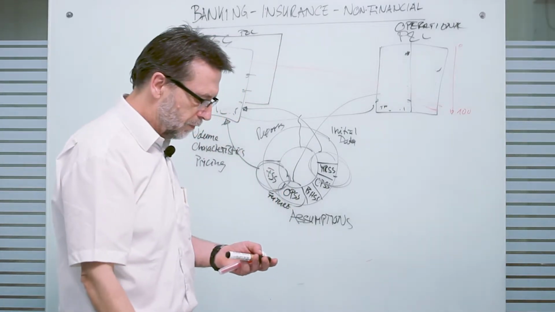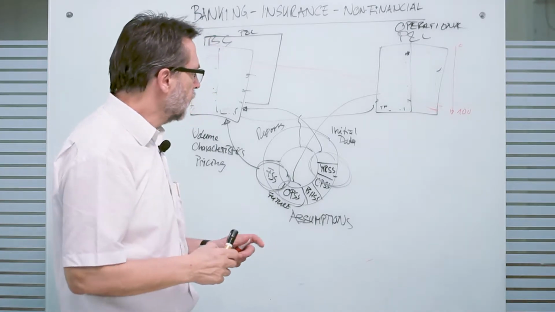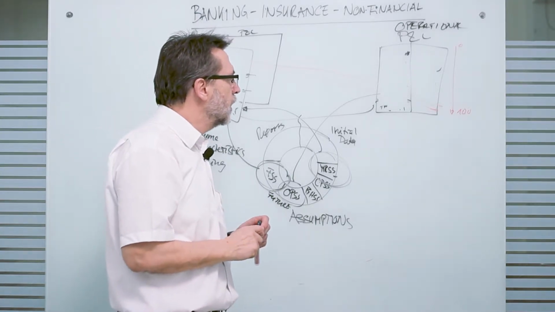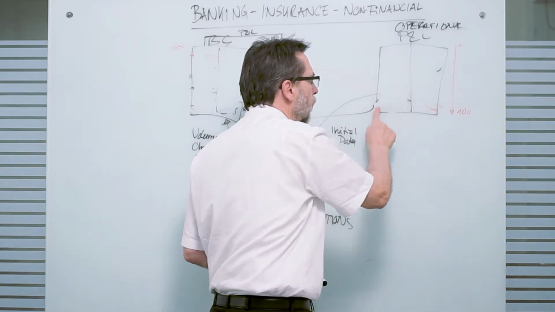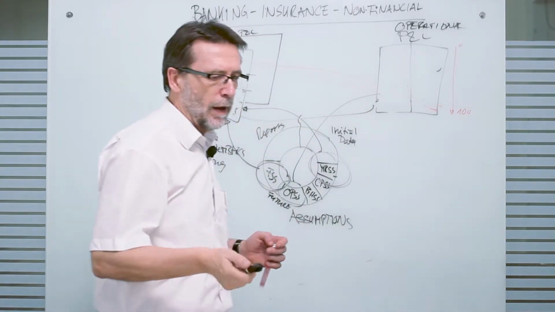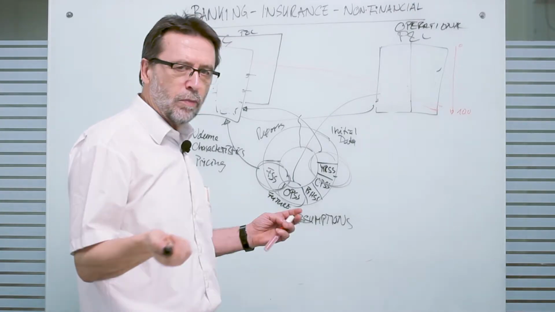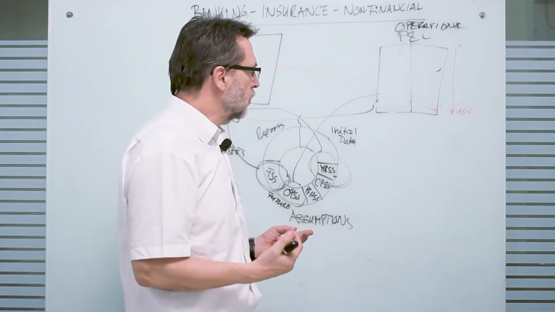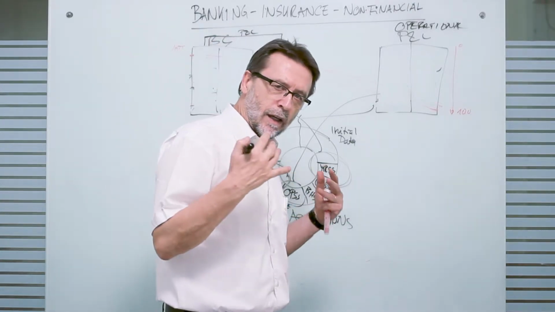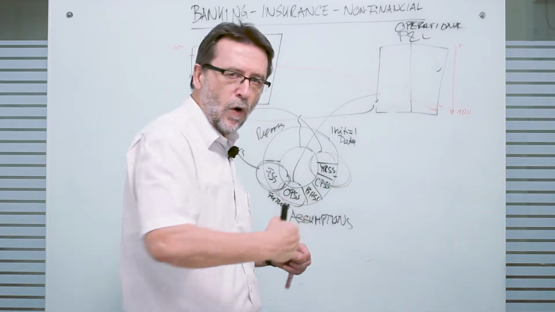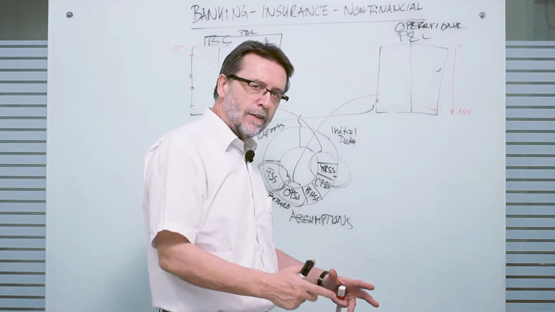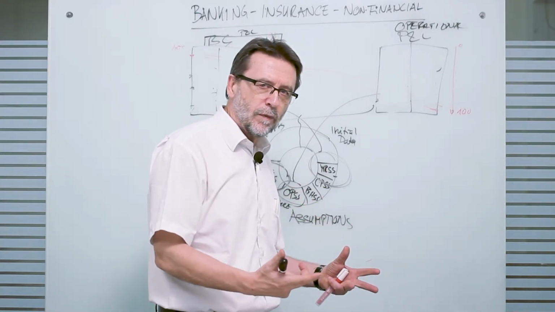Non-financial firms function exactly the opposite way. Basically, they think first about production, not about money. Let's take an oil producer. An oil producer is drilling to find oil. So there's a lot of investment to drill holes, and what they get is barrels of oil.